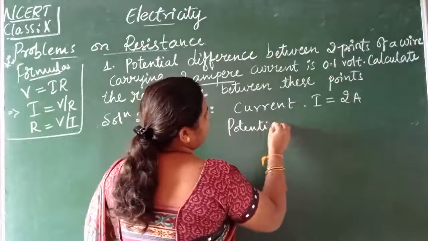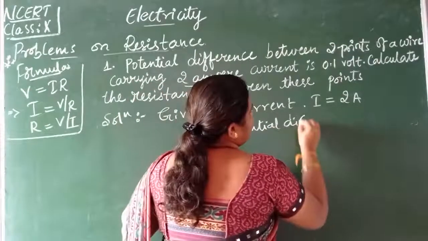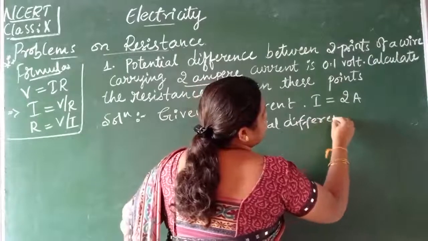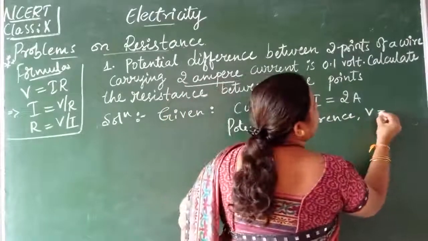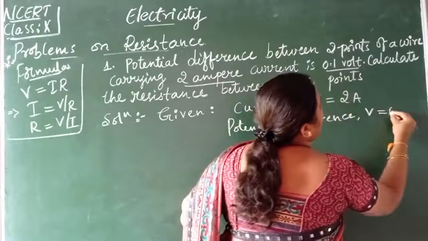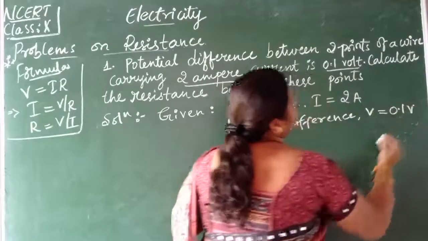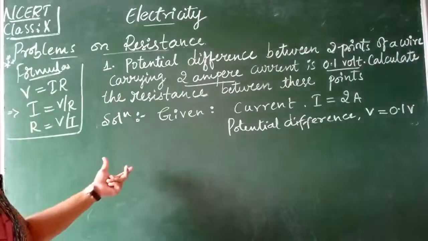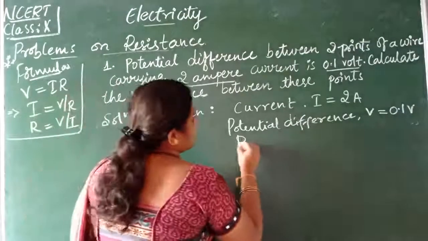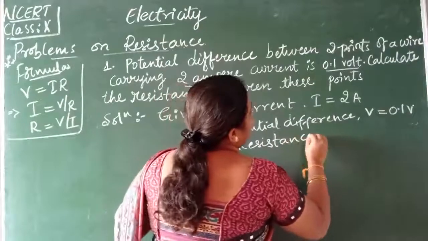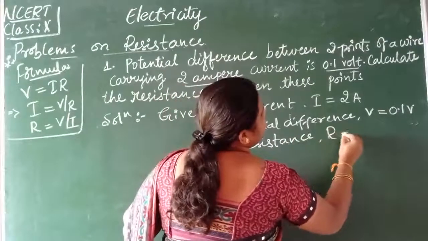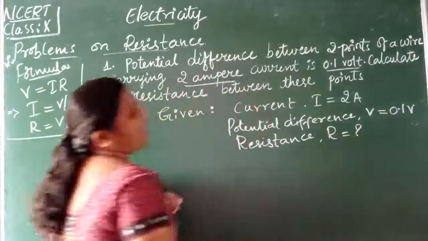Potential difference is represented by V, which is equal to 0.1 volt. What we need to calculate, children, is the resistance, R.